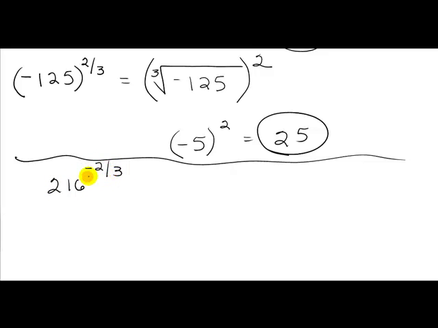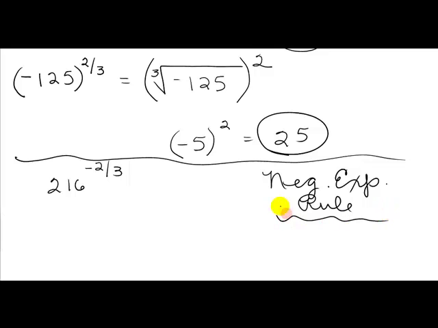Okay, here we have this negative exponent. And what we need to remember from our exponent rules is the negative exponent rule: you're going to change locations.